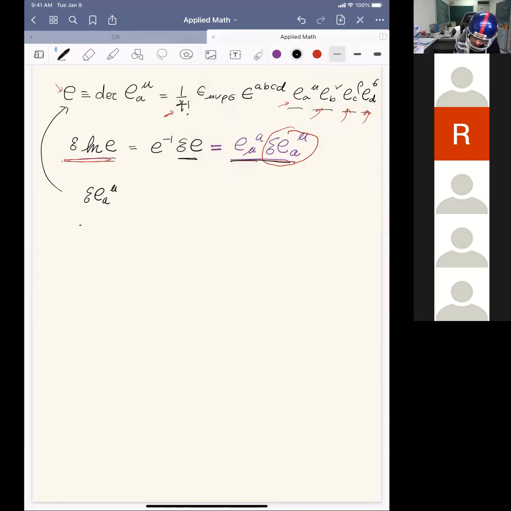This is something that you derived last time. So let me see, where did I write it down? Yeah, derived last time. The variation of E_μ^A is given by λ^ν ∂_ν E_μ^A minus E_ν^A ∂_μ λ^ν.